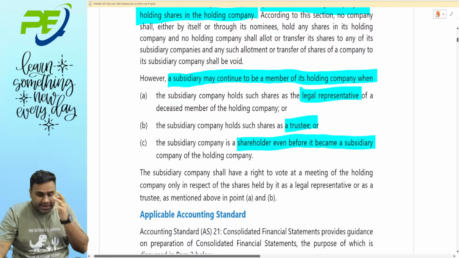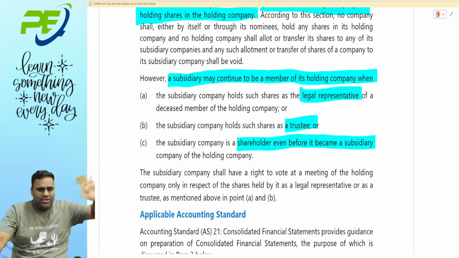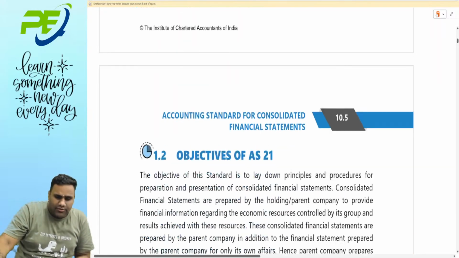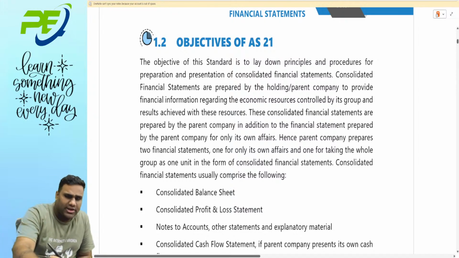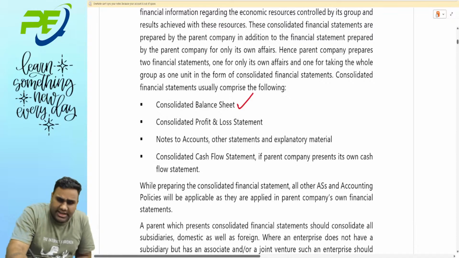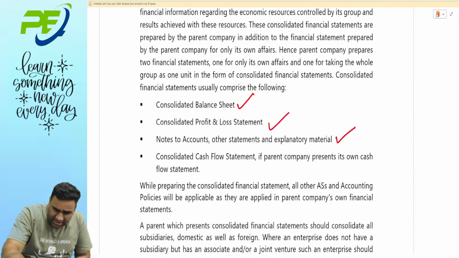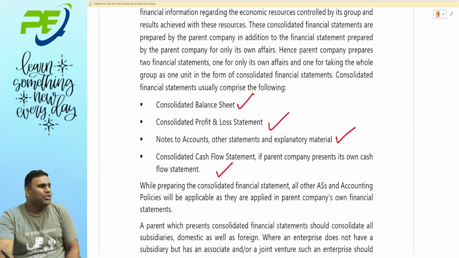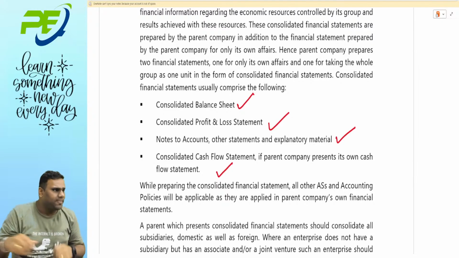Now, this next point, Unnati will explain in detail in law. This is not required here. Now, AS 21. So, in AS 21, what all is covered? Consolidated balance sheet, consolidated P&L, consolidated notes, consolidated cash flow statement. So, whatever was there in the definition of financial statement, everything is covered here.